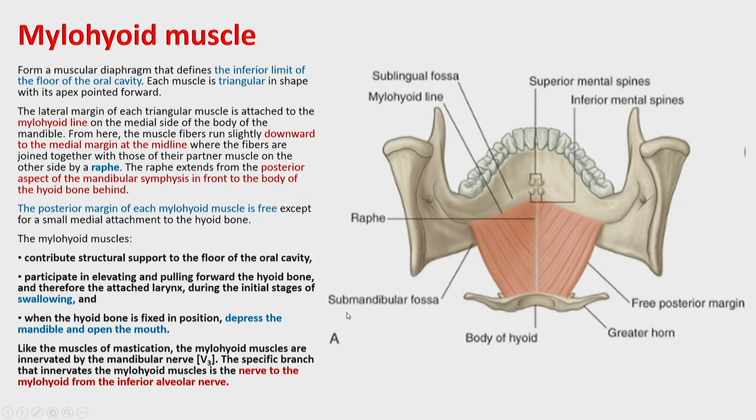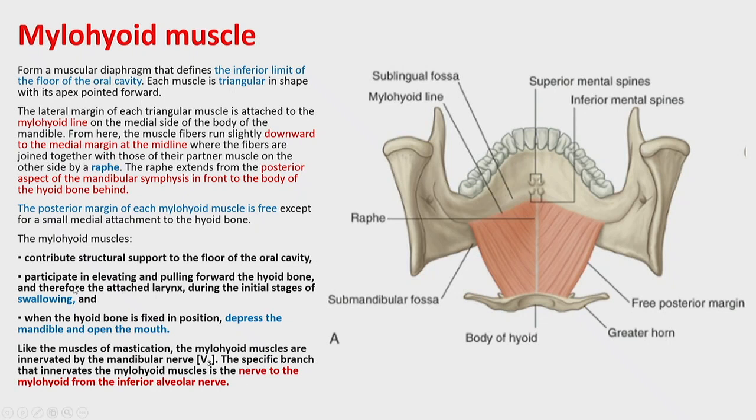The suprahyoid muscles depress the mandible and open the mouth, as we mentioned in the TMJ. The group of suprahyoid muscles makes the depression or opening of the mouth together with the initial function of the lateral pterygoid muscle, which is attached to the articular disc and capsule.